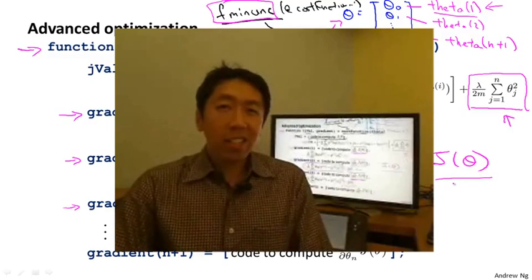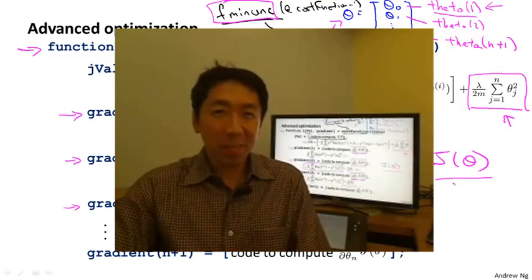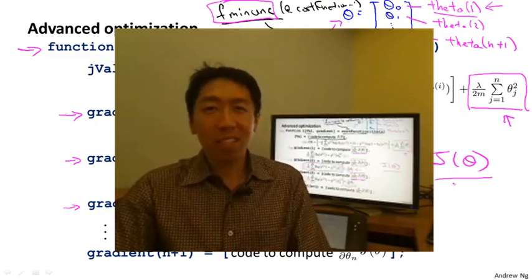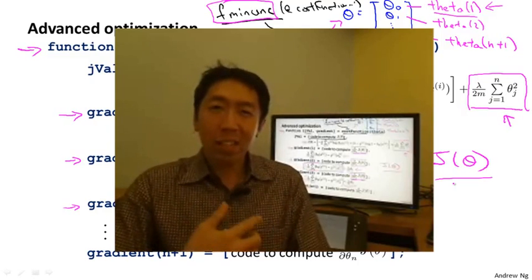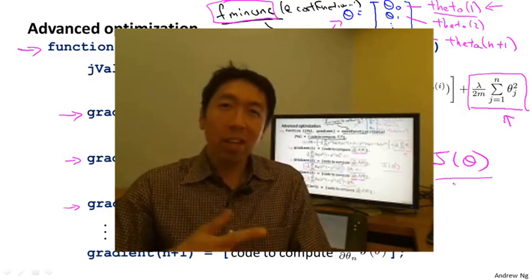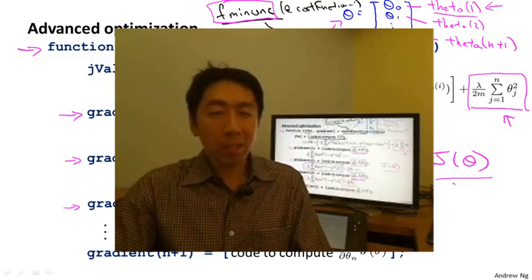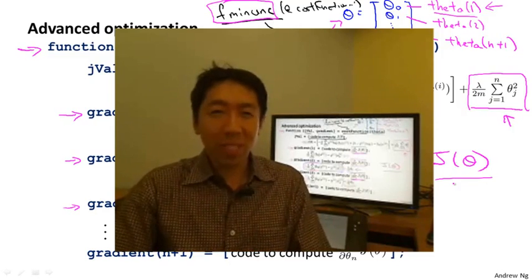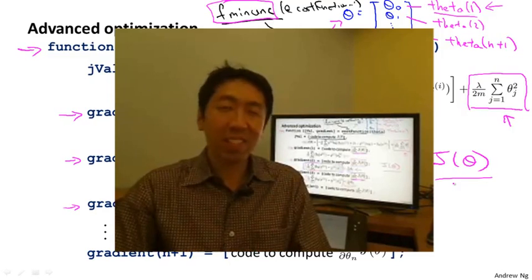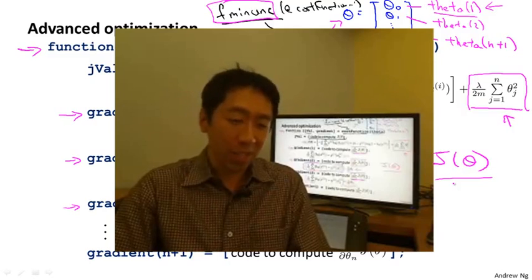When I walk around Silicon Valley, where I live, there are a lot of engineers who are frankly making a ton of money for their companies using machine learning algorithms. I know we've only been studying this for a little while, but if you understand linear regression, logistic regression, the advanced optimization algorithms, and regularization, by now you probably know quite a lot more machine learning than many, certainly not all, but many of the Silicon Valley engineers out there having very successful careers, making tons of money for companies, or building great products using machine learning algorithms.